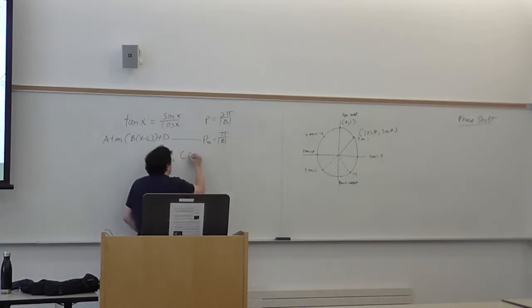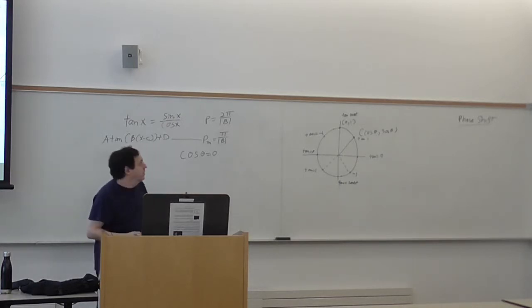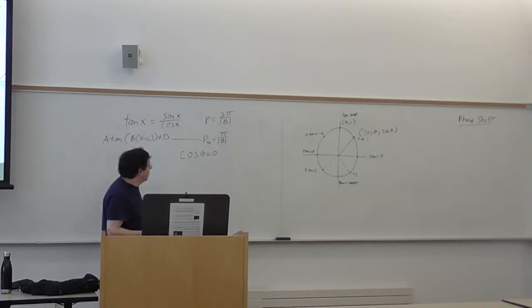We know when cosine of theta equals 0, tangent is undefined, right? So where is cosine of theta equal to 0?